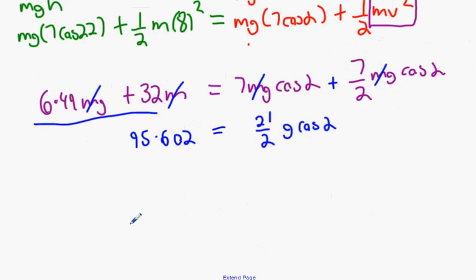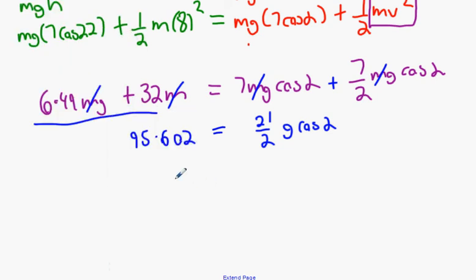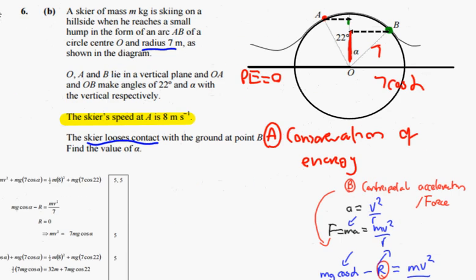We're then going to divide that by 21 over 2g. So this number divided by 21 over 2, and we're going to multiply that 21 over 2 by 9.8. Close bracket. 0.929. Reread the question.